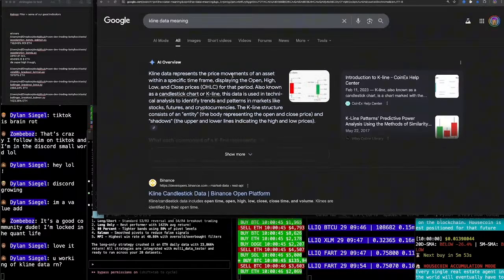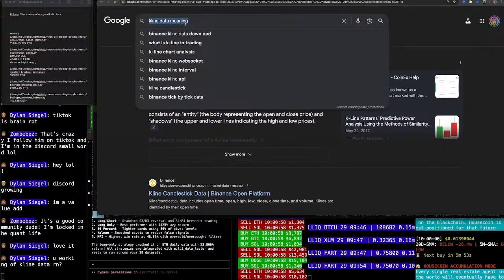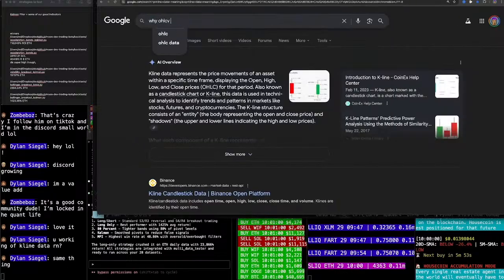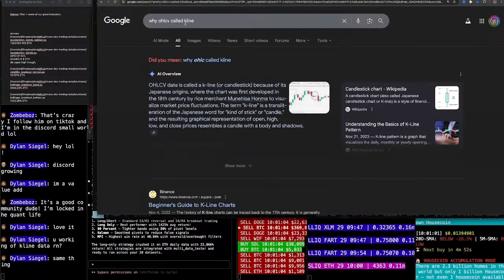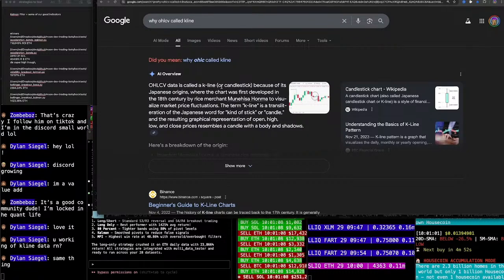K line represents the price movements of an asset, displaying open, high, low, close, volume. But why is it called K line? Also known as candlestick or K line. Open, high, low data is called a K line or candlestick because of its Japanese origins.